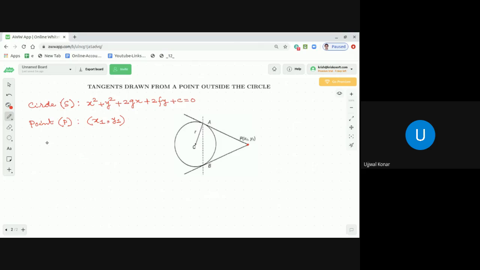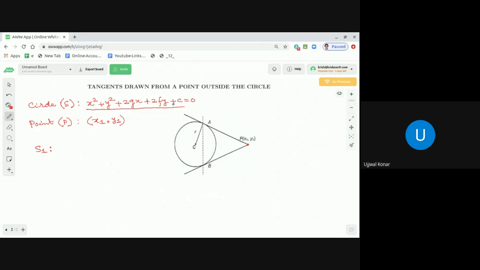Already you got S equal to this, so we are going to find S1. Another expression S1 we are going to find, dear students. What is S1? S1 is nothing but whatever you see in the S, x square plus y square plus 2gx plus 2fy plus c. Just the expression, not the equation.